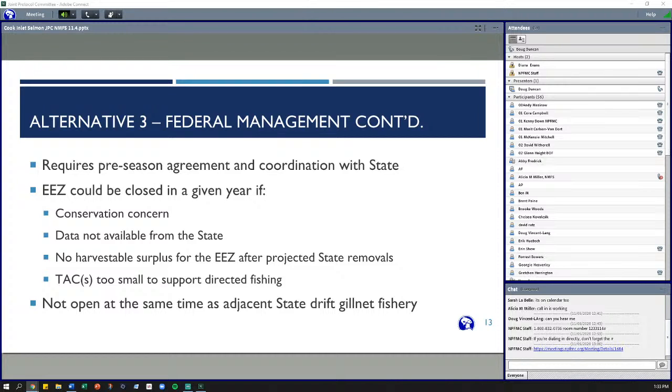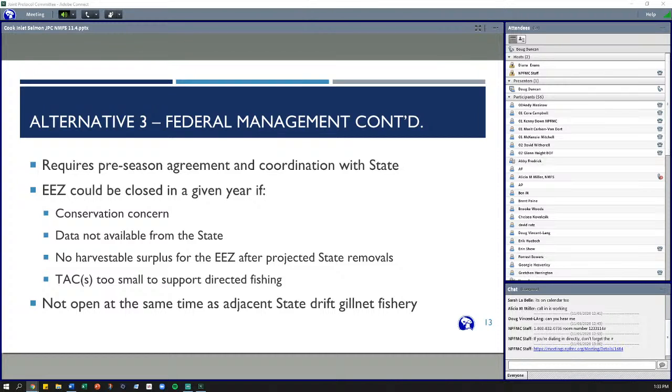Like I mentioned, the TAC, the total allowable catch for federal waters, would have to be set depending on what management was occurring in state waters. So each year we need to look at what the expected removals were in state waters fisheries to determine what would be a harvestable surplus that could be taken in the EEZ.